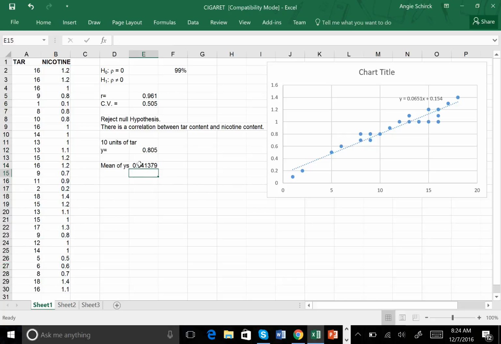So the mean amount of nicotine is 0.941, but we would not use this as a predictor unless there was no correlation. So the best predicted value for the amount of nicotine in a cigarette with 10 units of tar would be 0.805.